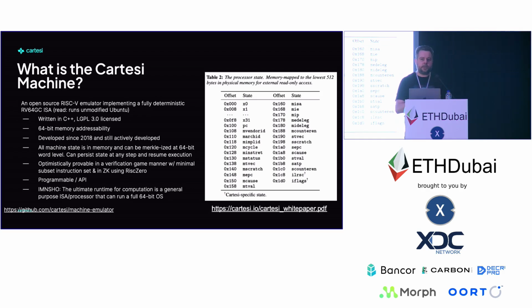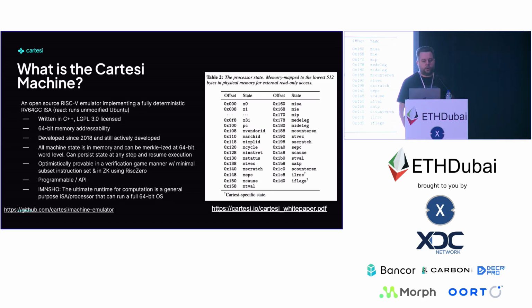One of the tricks we are doing here is compiling this bigger emulator down into a much smaller instruction set, which is the most basic RISC-V instruction set. So when you're looking at our verification game on chain, it's possible for anybody with a basic computer science degree to tell that this thing is implemented correctly in Ethereum.